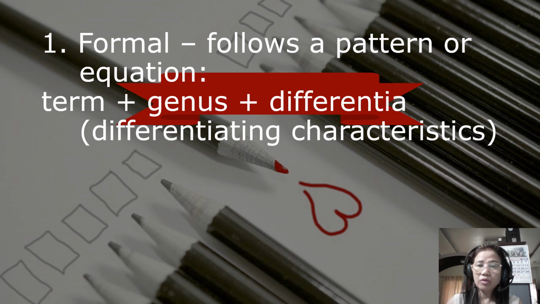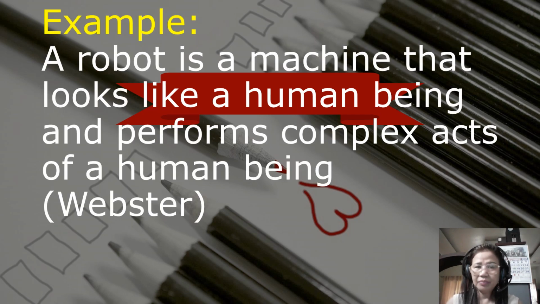So number one, you have to know or write the term first, and then its genus or class, and differentia or its differentiating characteristics. Example, a robot is a machine that looks like a human being and performs complex acts of a human being. This definition is from Merriam-Webster.